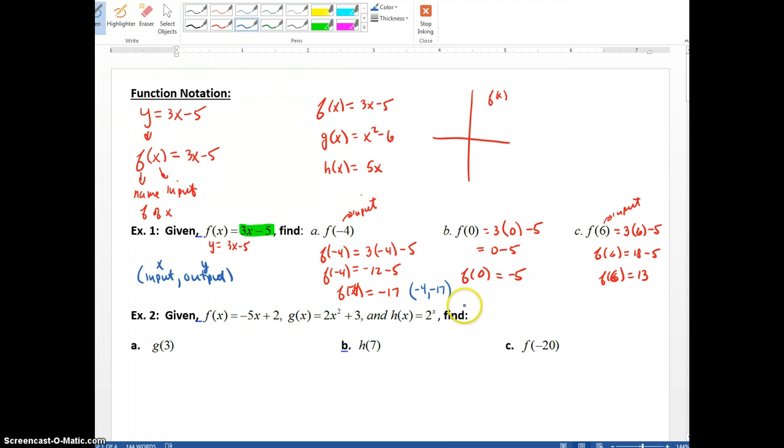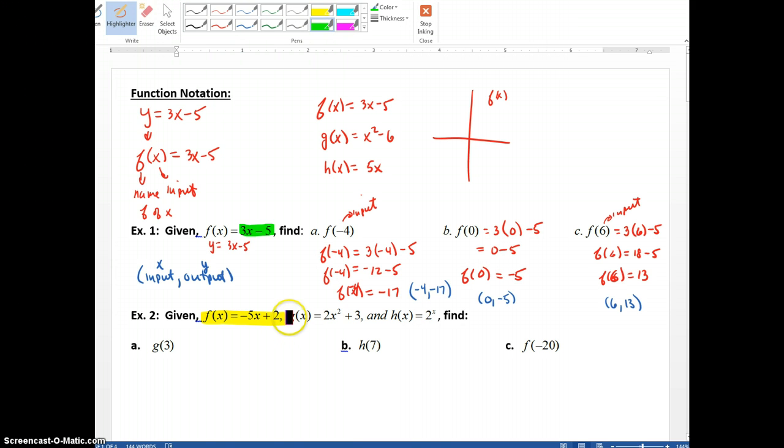Negative 17. If we input 0, we get an output of negative 5. And if we input 6, we get an output of 13. So this allowed us to write our ordered pairs fairly easily without having to use a table of values.